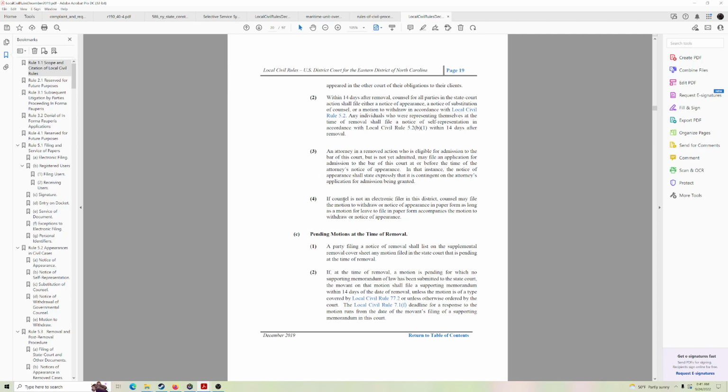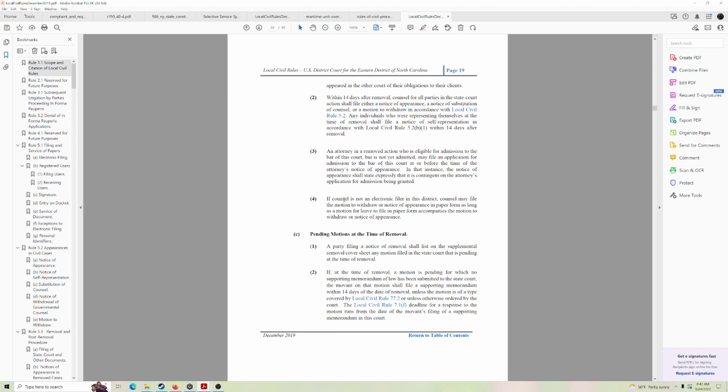If at the time of removal a motion is pending for which no supporting memorandum of law has been submitted to the state court, the movant shall file a supporting memorandum within 14 days of the date of removal, unless the motion is of a type covered by Local Civil Rule 7.2 or unless otherwise ordered by the court.